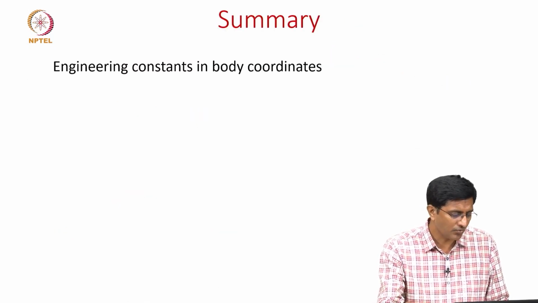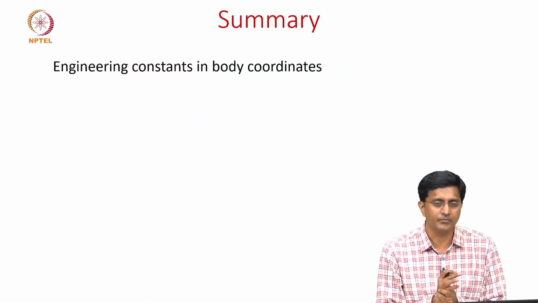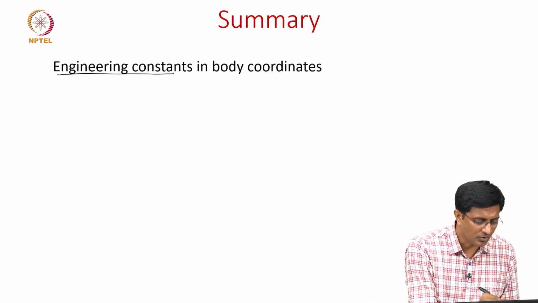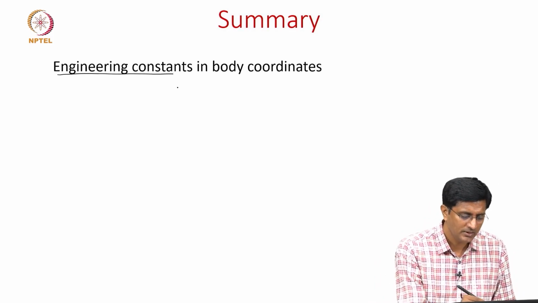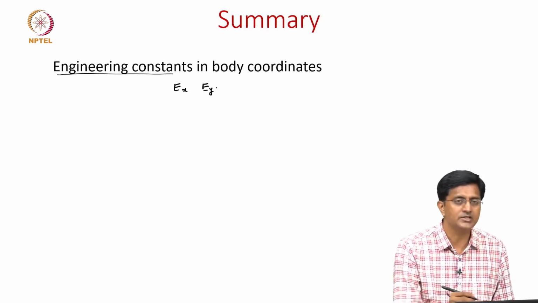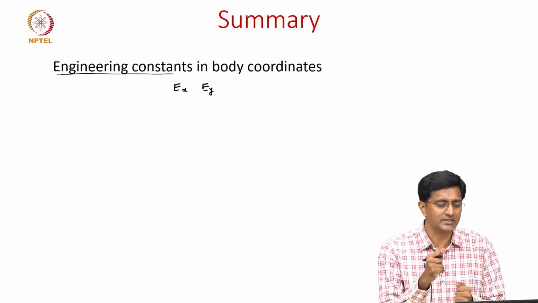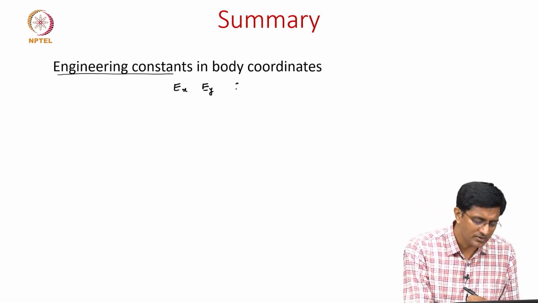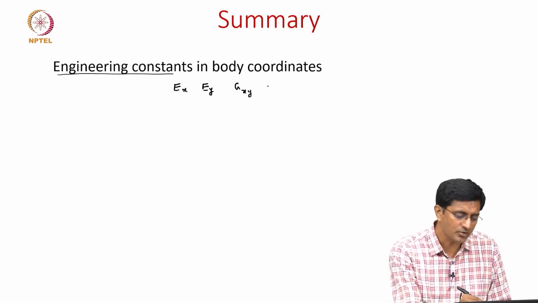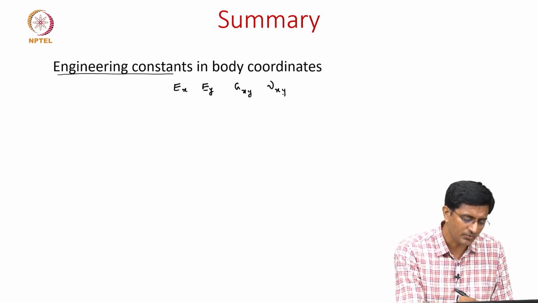So, now let us summarize what we have discussed in this video. We started by defining some engineering constants in the body coordinates such as Ex, Ey, saying that these are the stiffnesses in the directions x and y, and similarly the shear stiffness Gxy, and we also introduced the Poisson ratio nu xy.